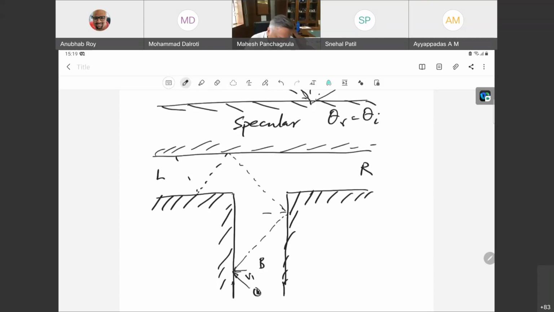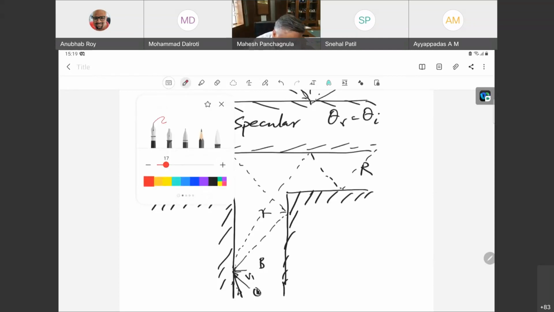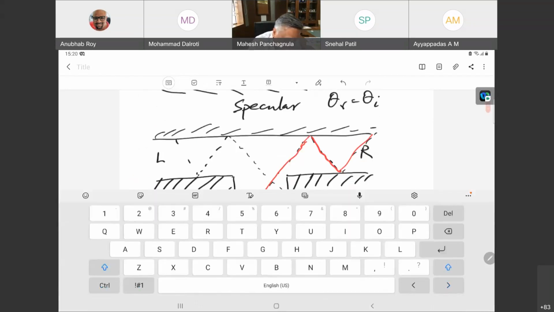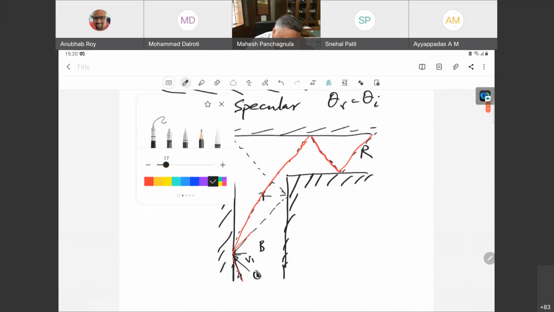Now, if I make a small change here, let's say like that, I'm going to end up going into the right branch. So I'm going to mark this trajectory in red, and this trajectory in black.